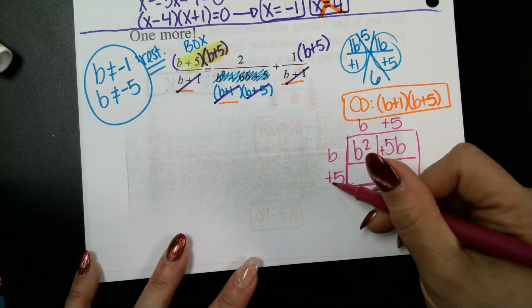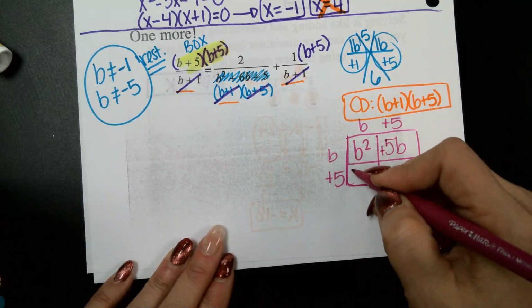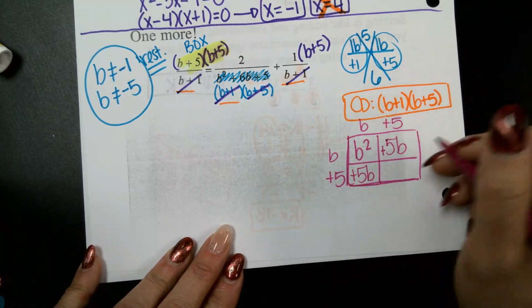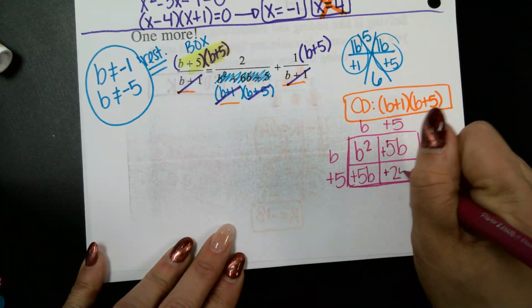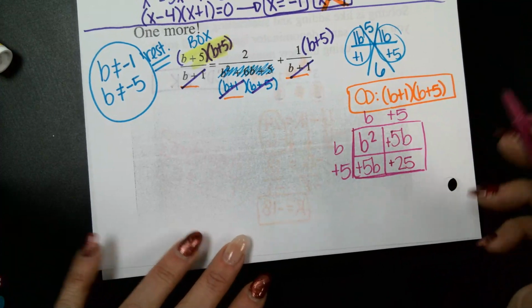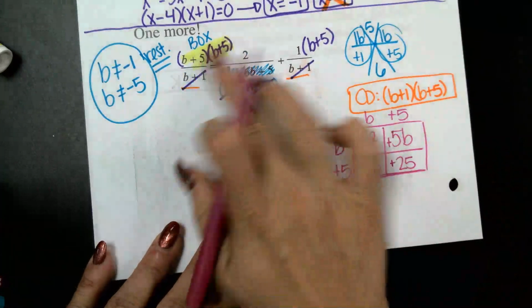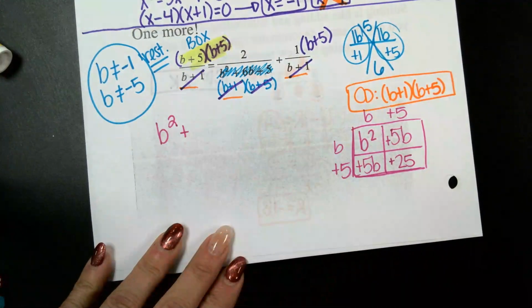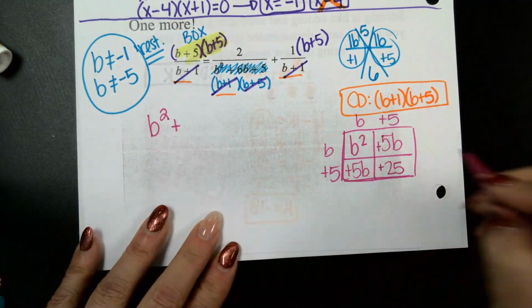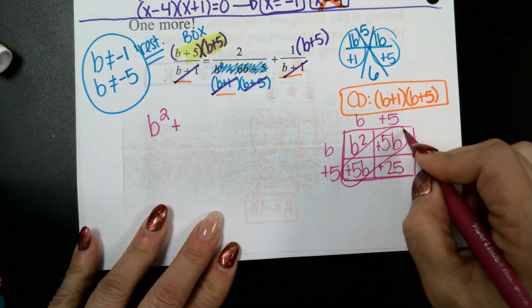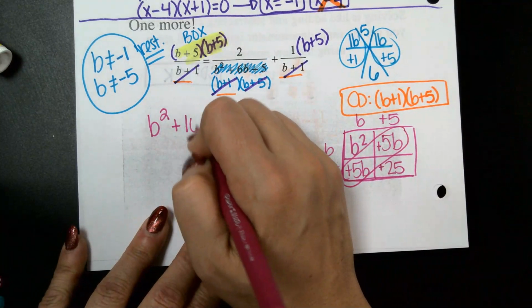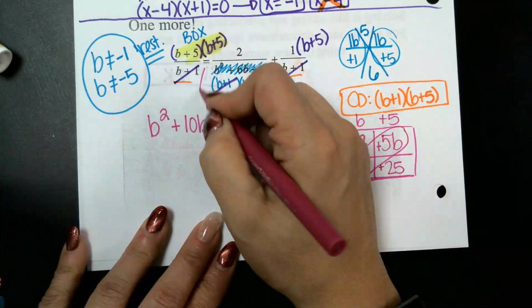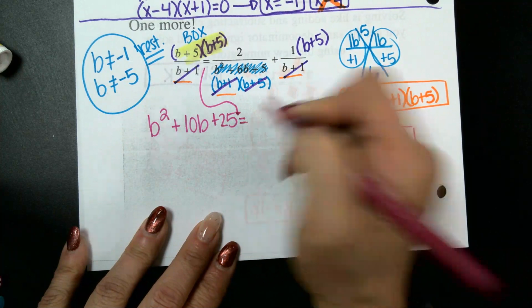And then the bottom row, 5 times b, is also 5b. And then what's 5 times 5? 25. Okay? So now remember, this is the first numerator, so this is what we're going to write first. I would have b squared plus how many b's? If you put these together right here. 10, yep, plus 10b, and then you'd have the plus 25. Then you're going to bring down that equal sign, because that was next.